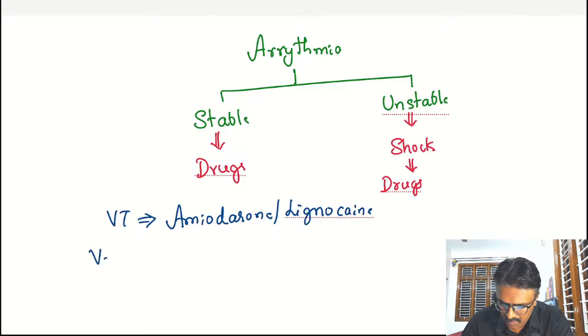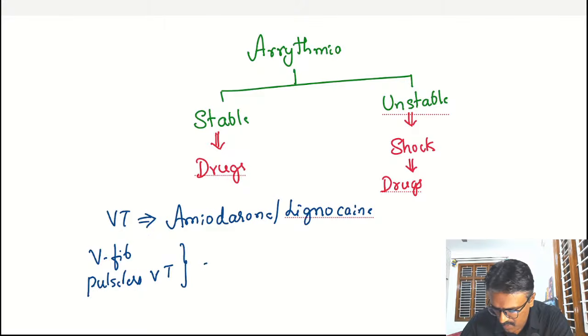Suppose the patient is having V fibrillation or pulseless VT. Tell me, what will you do next? That will be the question of medicine and pharma. VFib or pulseless VT, what is your next step? Answer me.